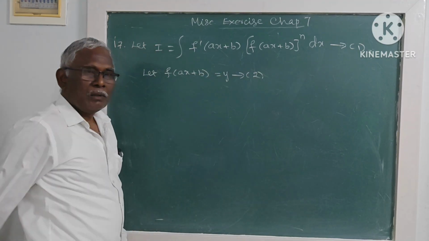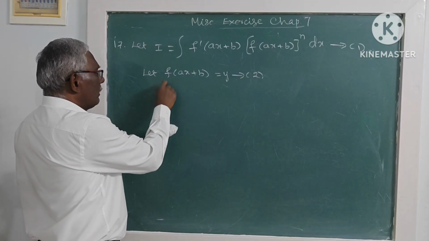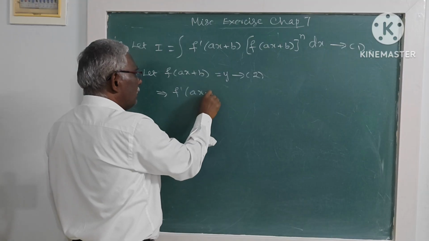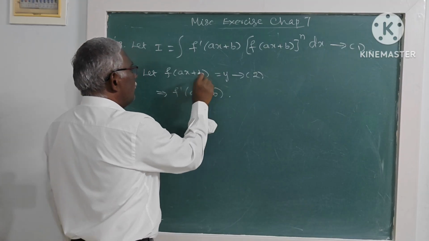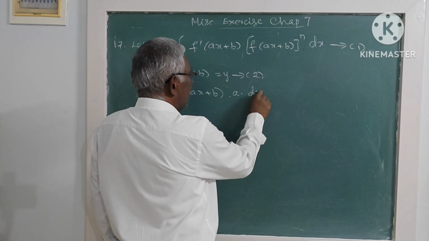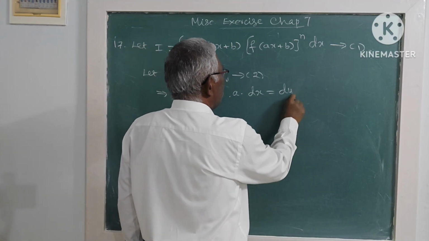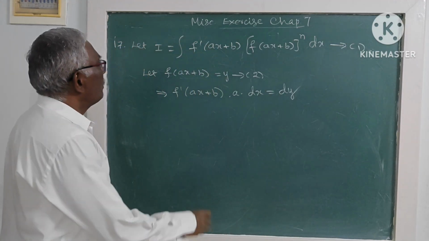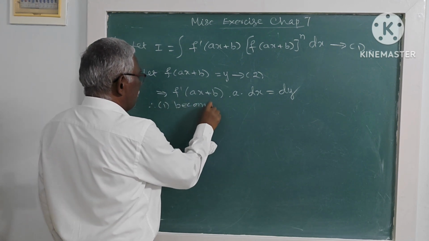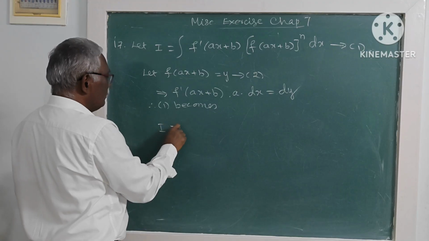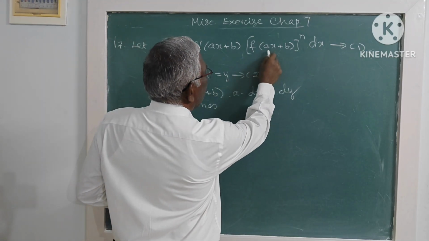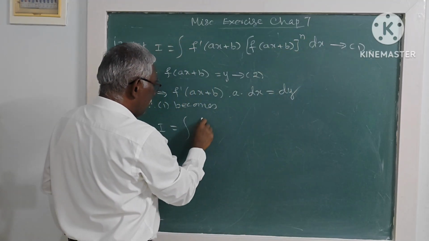If we differentiate, what will we get? f dash of ax plus b, into a, into dx, this will become dy. Therefore I is equal to integral y power n, f of ax plus b power n is y power n.